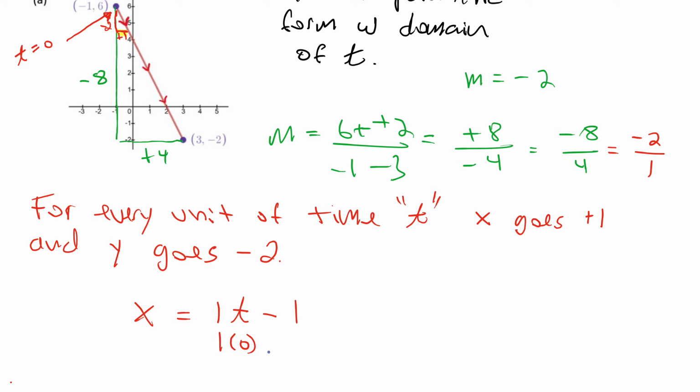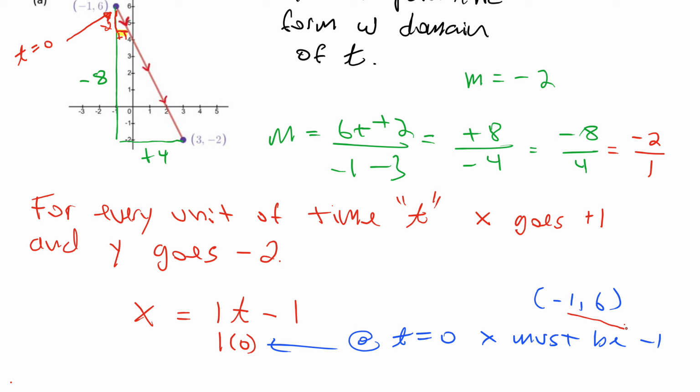At t equals 0, x must be negative 1 according to our point (-1, 6). So we have our x equation right here.